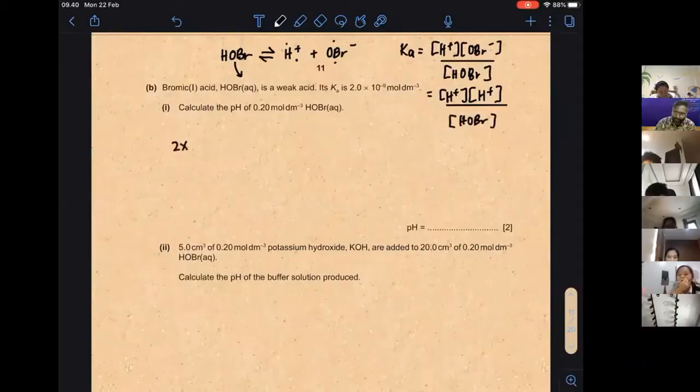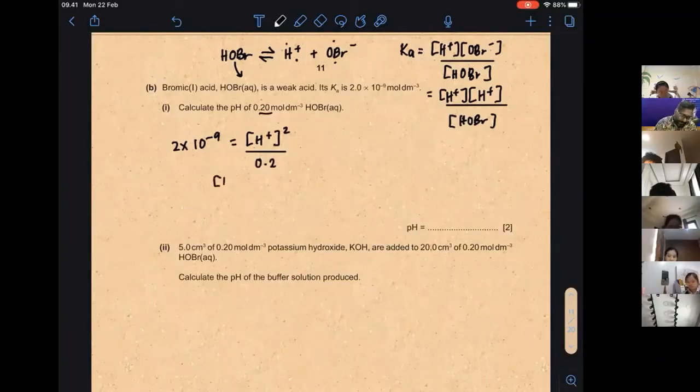So 2 times 10 negative 9 equals the concentration of H plus to the power of 2, over the concentration of HOBr, which is given as 0.2.